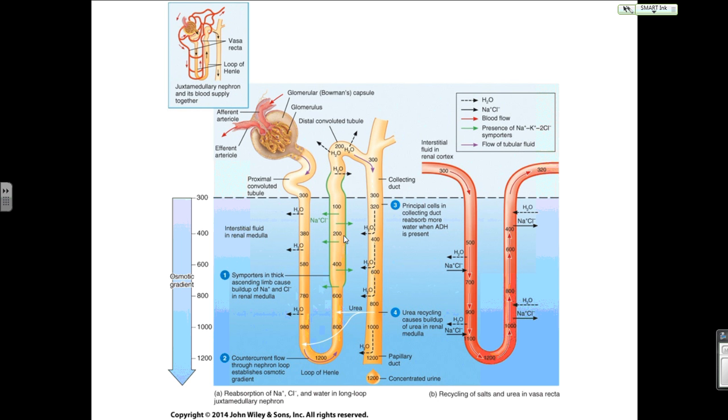That urea will stay in the tubule past the DCT, then down the collecting duct, where we then reabsorb it. Notice how the DCT, or the collecting duct, runs right next to the loop of Henle. So urea gets pulled out, and then put back in. And then it gets pulled out, and then put back in. So now hopefully you can see why we call it recycling. Does that make sense?